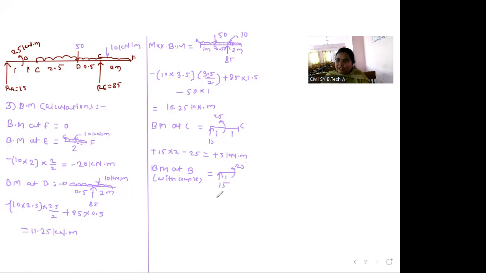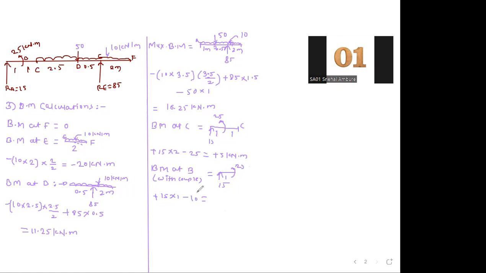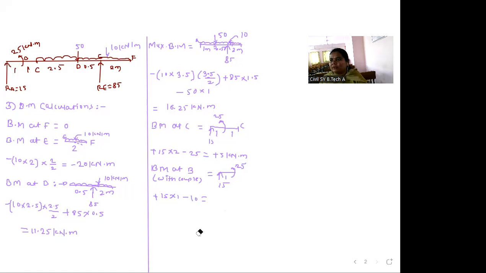So this 15 pushes upward, so 15 into 1, and the 25 couple pushes downward, so minus 25, because the intensity of the moment couple is 25.